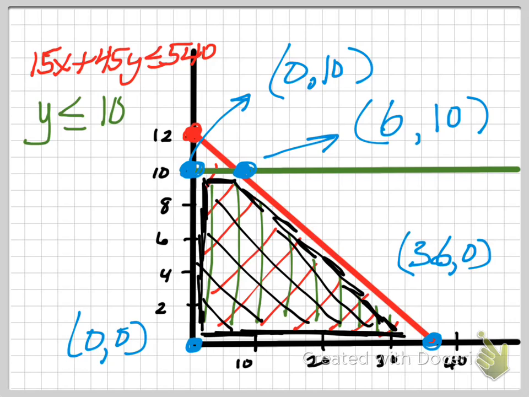Once you have those 4 corner points, we're simply going to go to our objective function, which deals with income, and find the income at each of these 4 corner points.